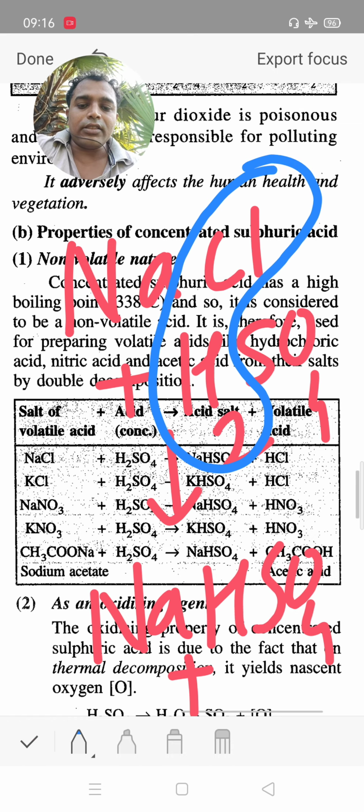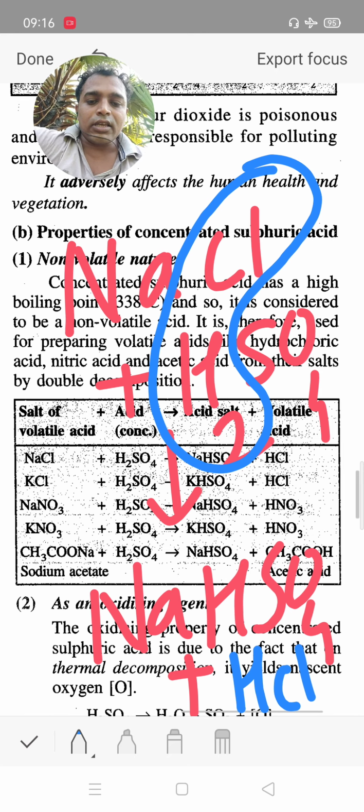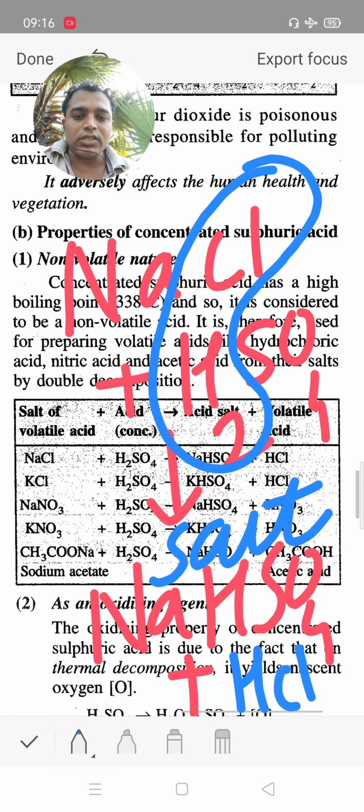Removal of HCl means the formation of HCl, a volatile acid, and it gives a salt, sodium hydrogen sulfate. So when NaCl reacts with sulfuric acid, it gives a salt and the volatile acid HCl.